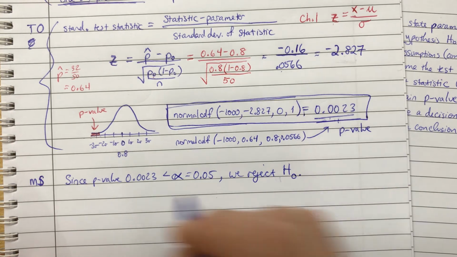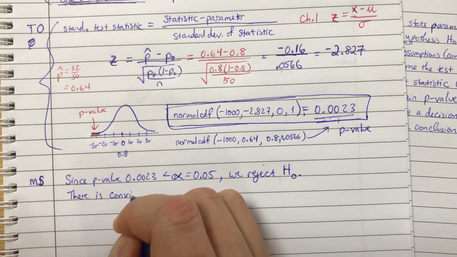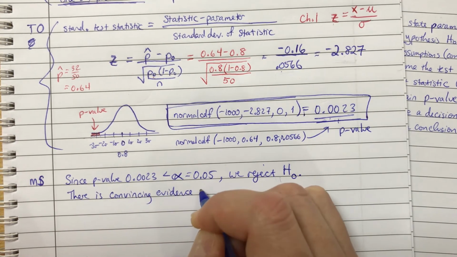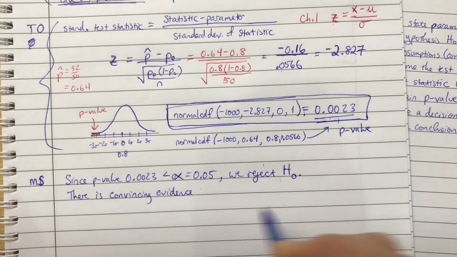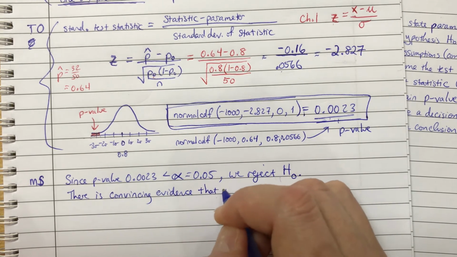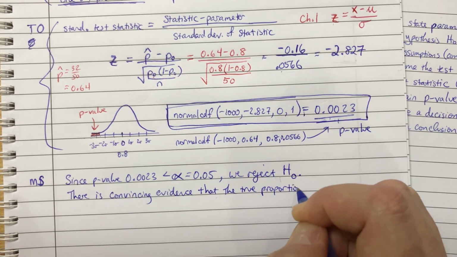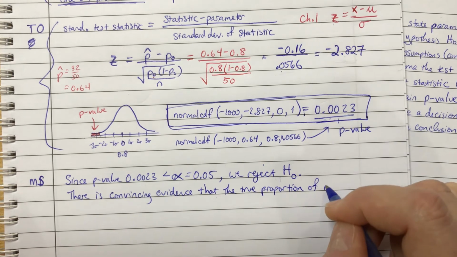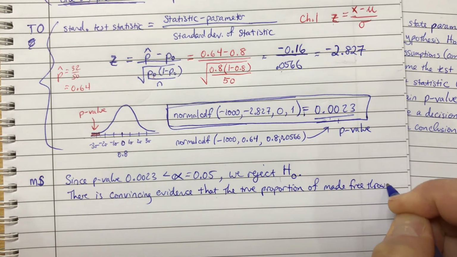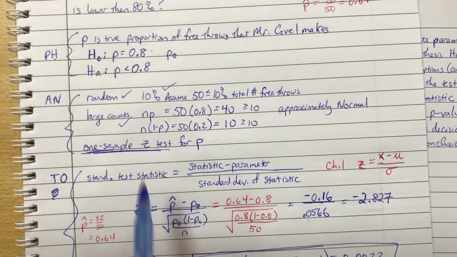And what we say, there is convincing evidence of HA, which I'm going to state. There is convincing evidence that the true proportion of made free throws, all right, let's come back up here.